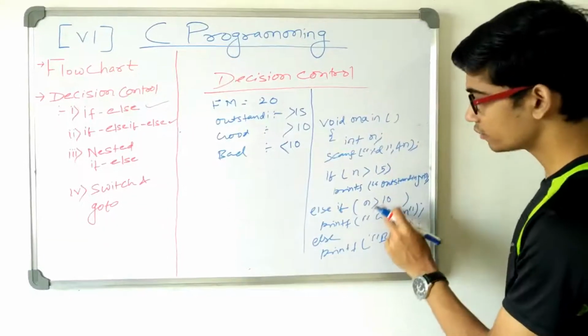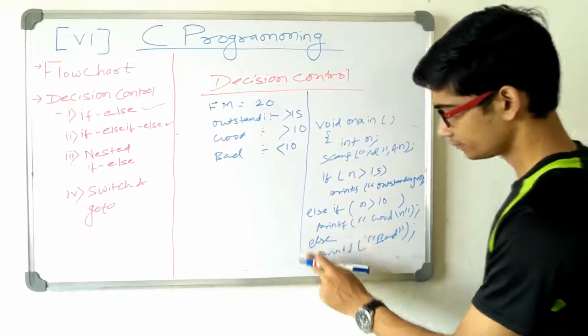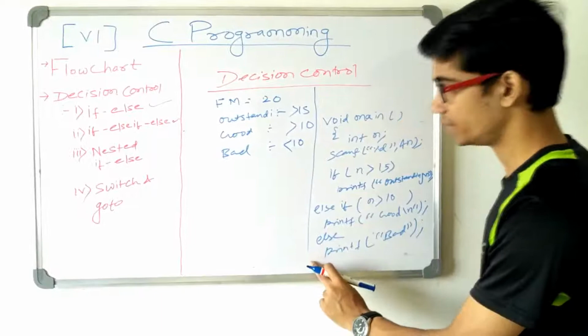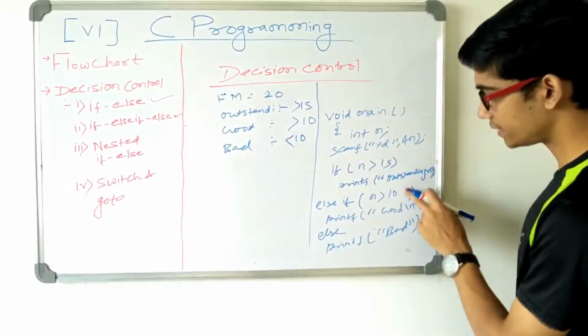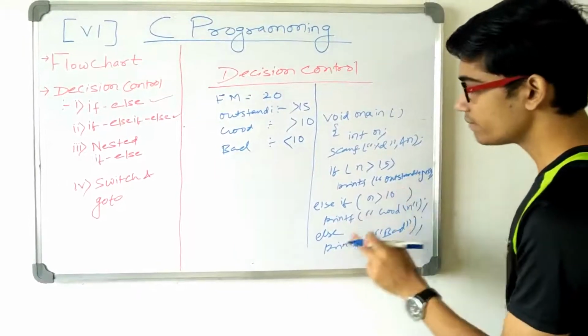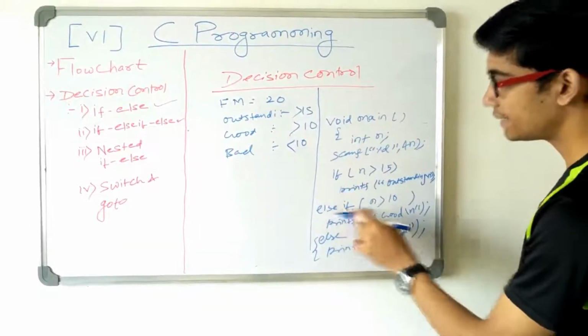No, false. 12 is greater than 10? Yes, it is true. So this will be executed and the rest will not. What happens if the mark is 8? This is false, this is false. So if both are false, what will be executed? The else statement. So this was the construct of if-else if statements.